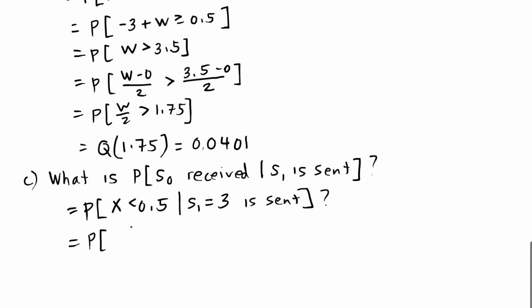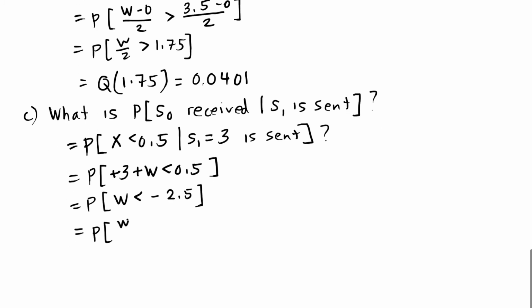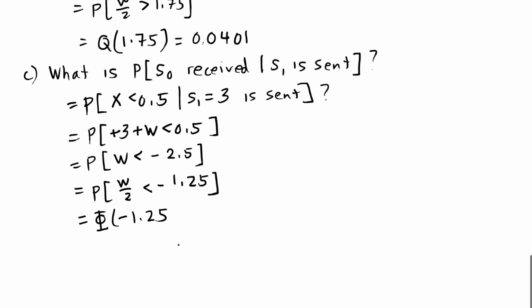I would go through this same exercise, convert this into a question about W, then into a question about a standard normal random variable, and then convert it into a phi function. I get a phi function because, again, I'm asking for a standard normal random variable less than some number, and its probability is given by the phi function. Whenever I get a less than, I convert it into a phi function. Whenever it's a greater than, I convert it into a Q function.